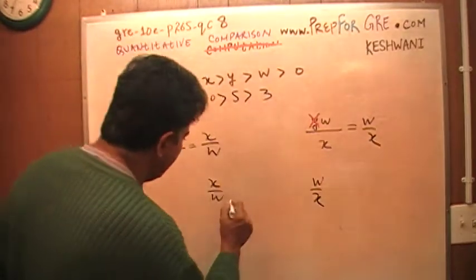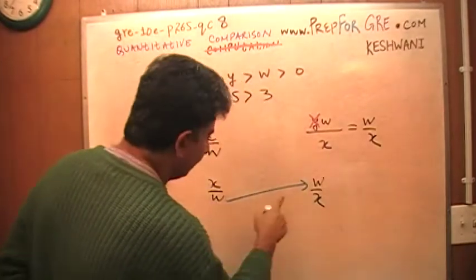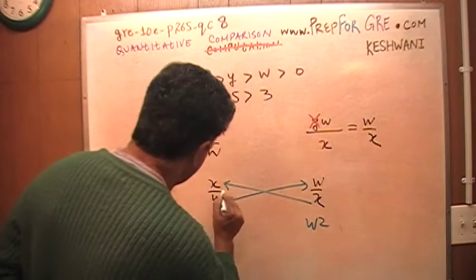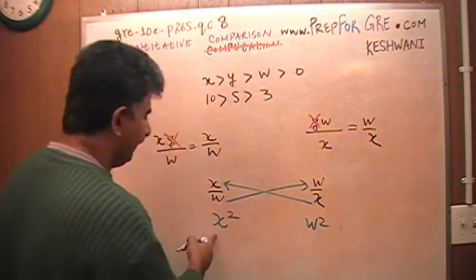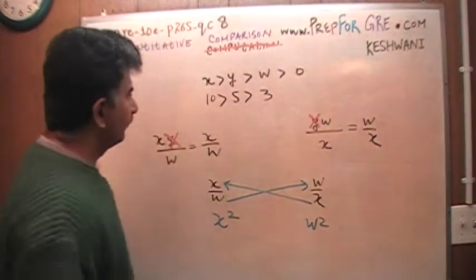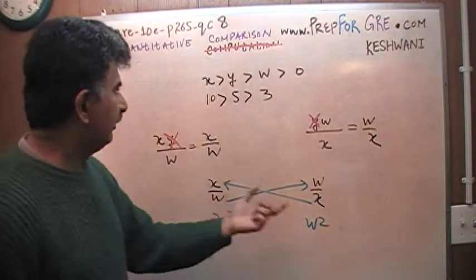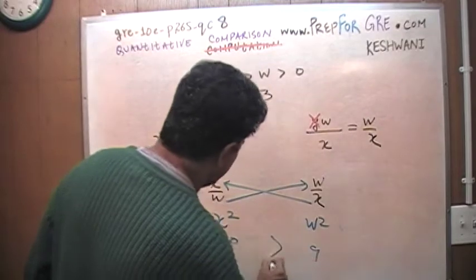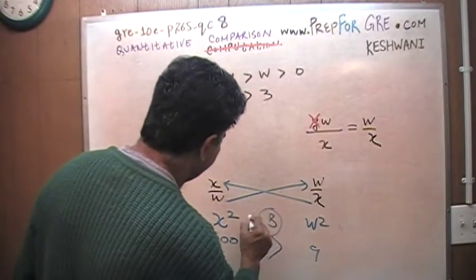What you do is you cross multiply. W times w is w squared, and x times x is x squared. So basically I'm asked to compare x squared versus w squared, which is 100 versus 9. Obviously, the answer is B.